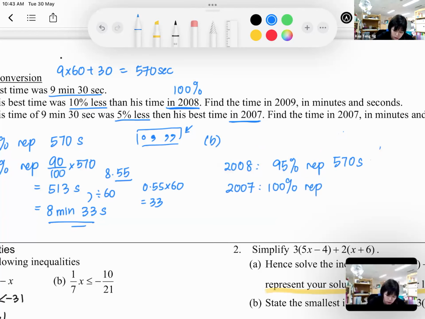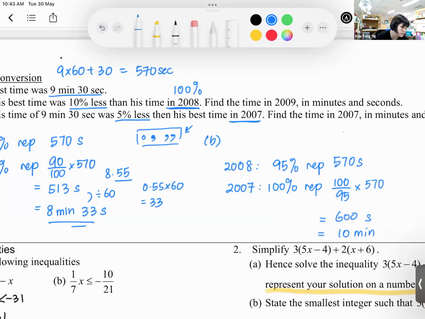I take 100 divided by 95 times 570 to give me my answer. 600 seconds. So 600 seconds, that will give me 10 minutes. Answer.